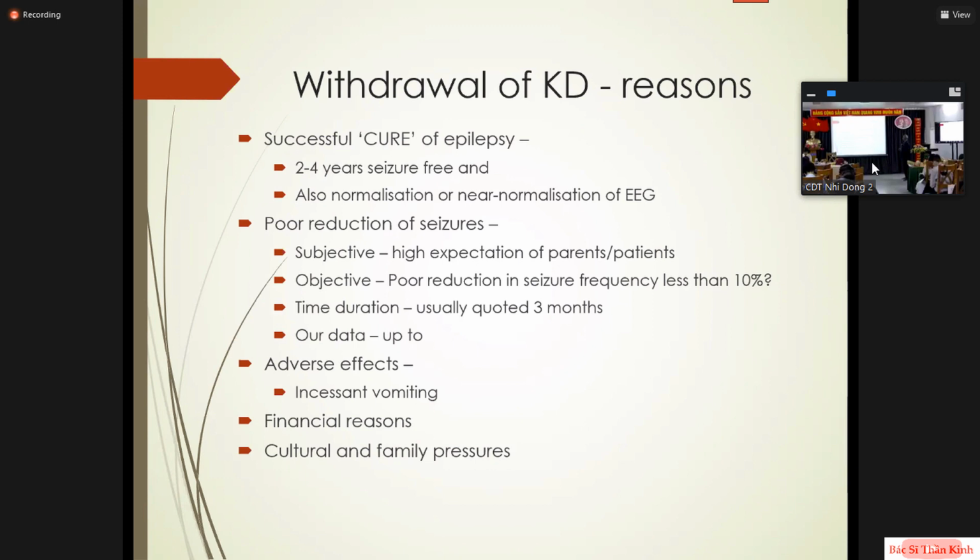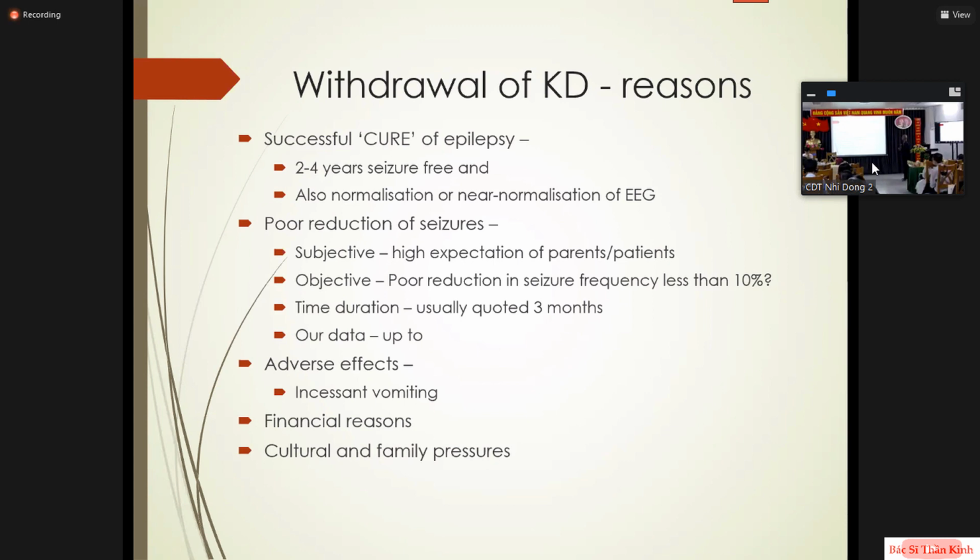If the reduction in seizures is less than 10%, the time duration usually quoted is 3 months. But I showed you that there are many who, on the 5th or 6th month or the 8th or 9th month, would go to more than 50%, and then within 1.5 to 2 years, they are 100% off the seizures.